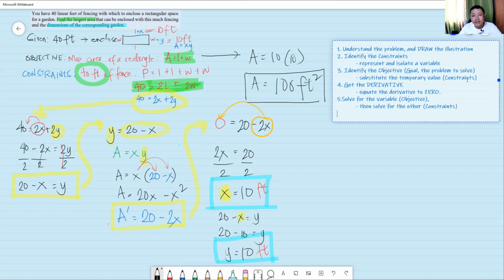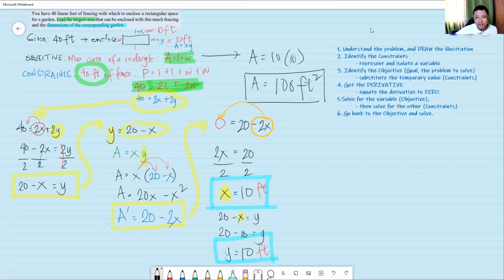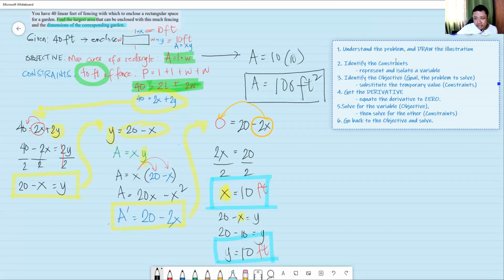After getting the other variable, then go back to the objective and solve. Yun. So, let this simple 5 steps be our guide in doing this process.